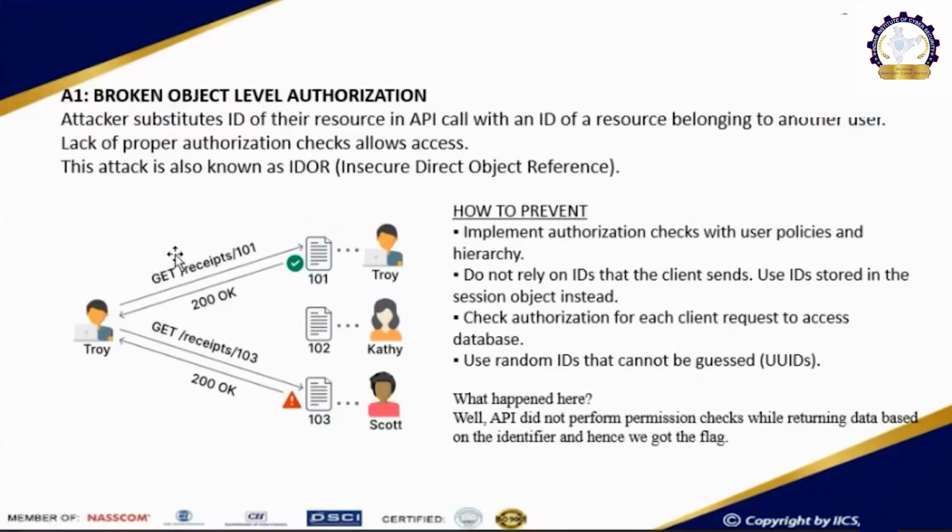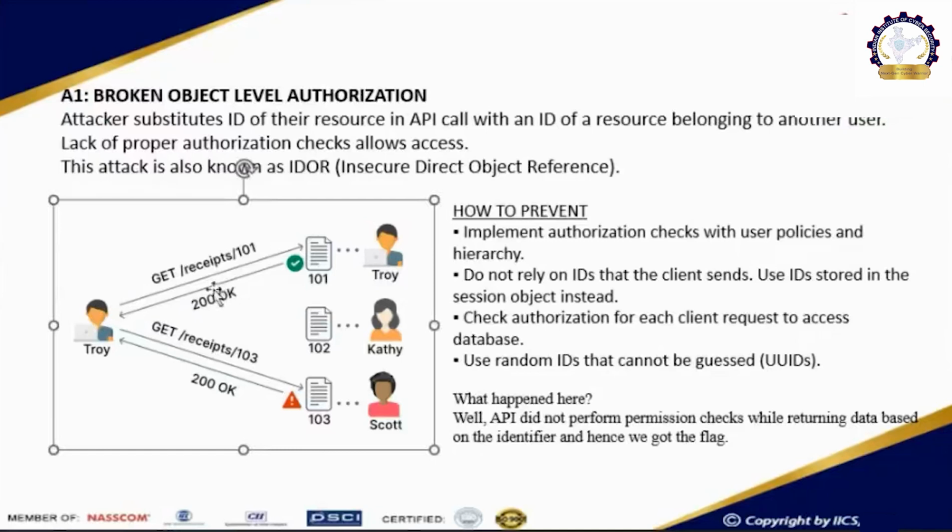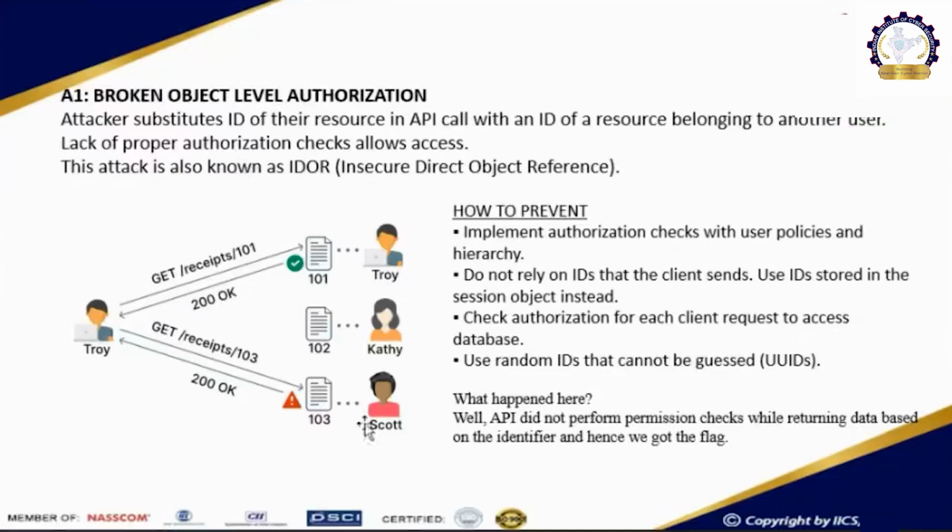He's trying to fetch the details of a receipt, and his ID is 101. So he's Troy and he wants to fetch his own details. But what will happen if he tries to fetch the details of another user? He is trying to fetch 101, and he is also trying to fetch 103, but still he gets 200 OK in response. That should not be done.